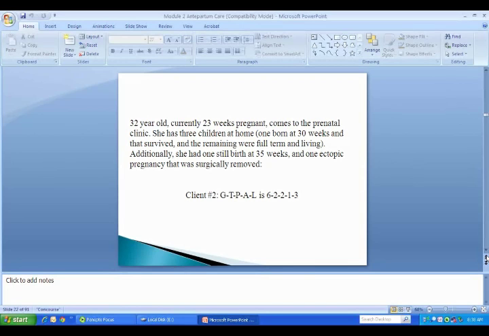She had the stillbirth, which brings her up to 5, and the ectopic pregnancy brings her up to 6. So gravida 6. She had 2 that are full term and living, so that's T2. The stillbirth was preterm, and 1 was born at 30, so preterm is 2. Abortion, she had 1 ectopic, and presently she has 3 children living, so it's 6-2-2-1-3.